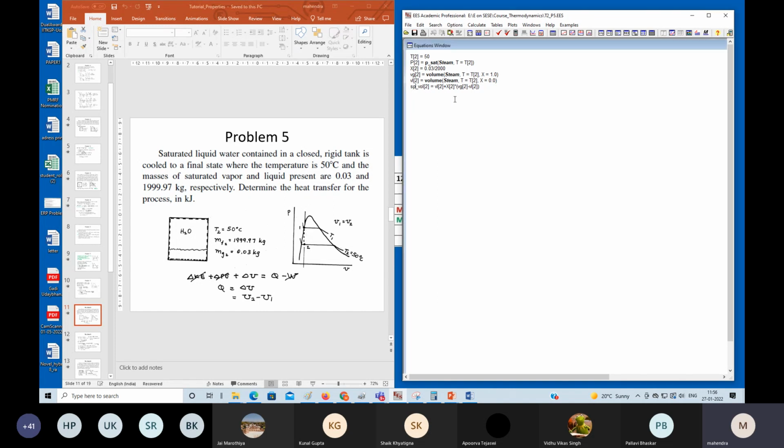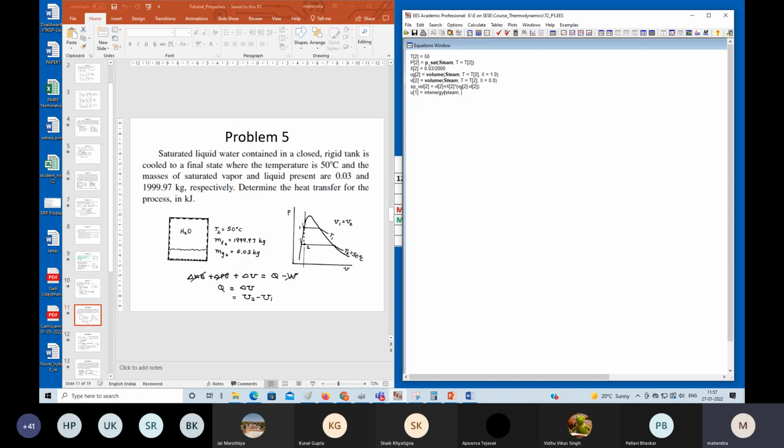Then internal energy U1. When you are calculating internal energy, you have to give this syntax like int energy, as you type for volume, pressure, temperature. Then again our fluid is steam.